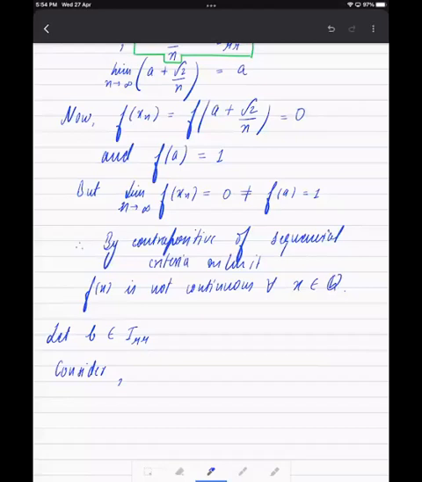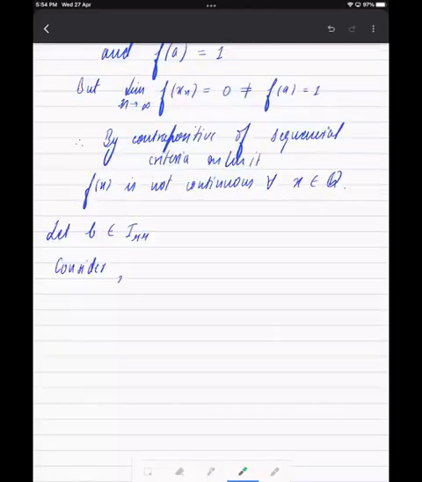Or let's pick up an irrational number, pi. Let us try to find it not in a more general sense, but first for some random irrational number. Let pi belong to irrational. I'm trying to find a sequence that converges to pi, and every term of the sequence should be rational.